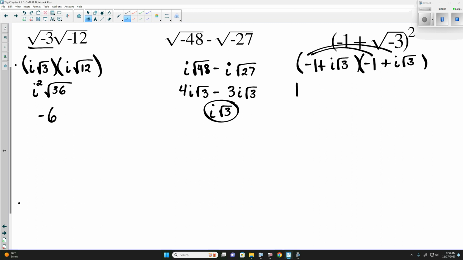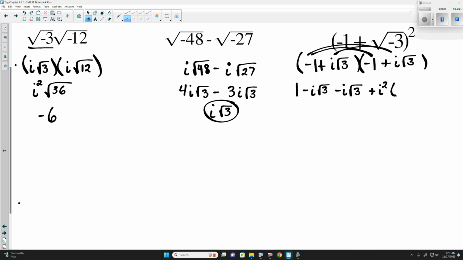Negative 1 times negative 1 is 1. Negative 1 times i square root of 3 is negative i square root of 3. I square root of 3 times negative 1 is negative i square root of 3. And i square root of 3 times i square root of 3 is plus i squared times square root of 3 times square root of 3.